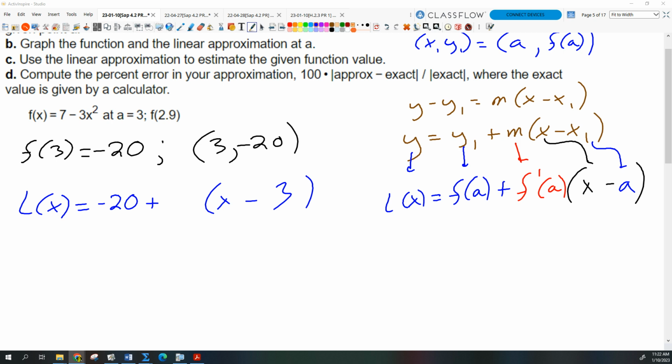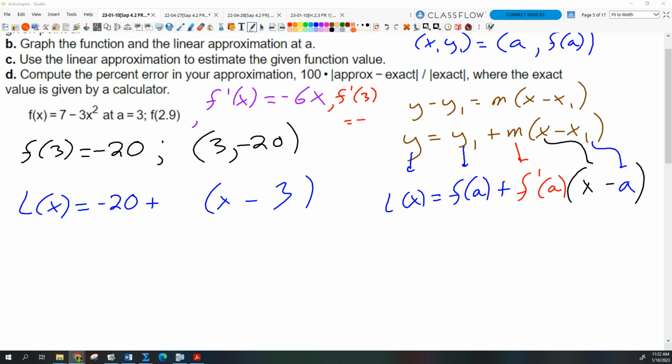Well, let's calculate, first of all, what's f prime of x? Negative 6x, okay. So then f prime of a is equal to what?